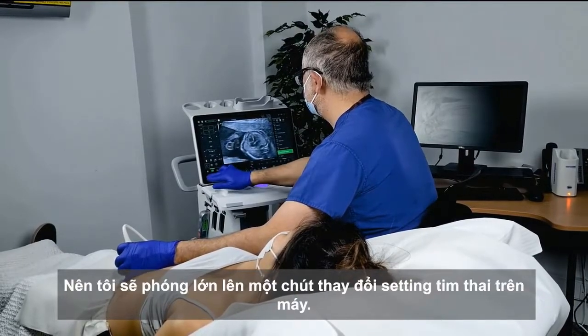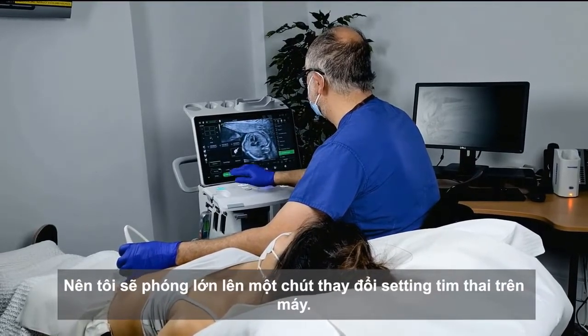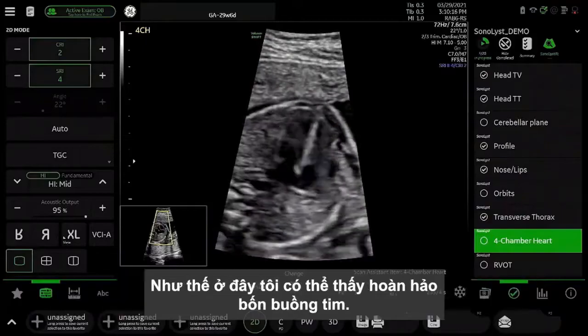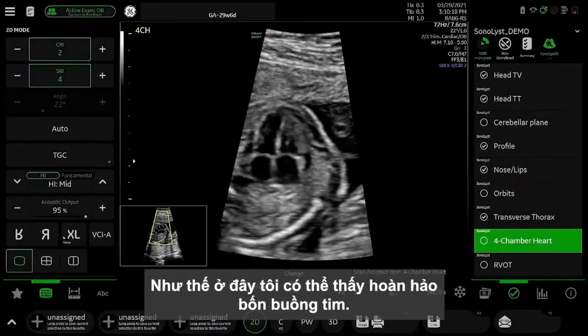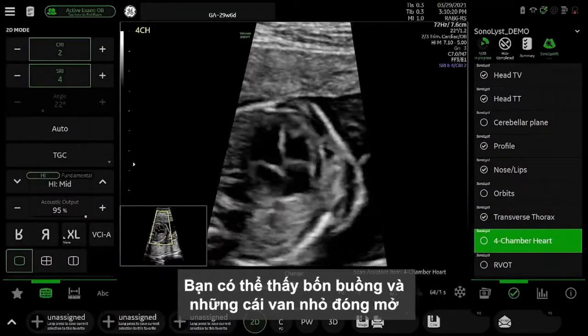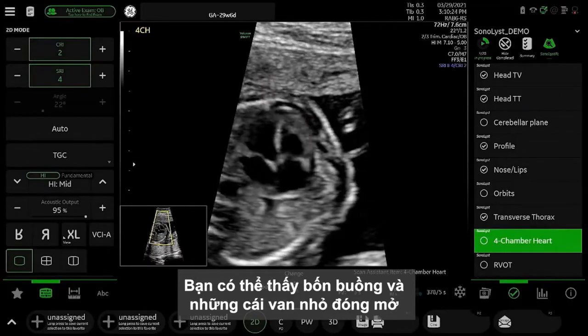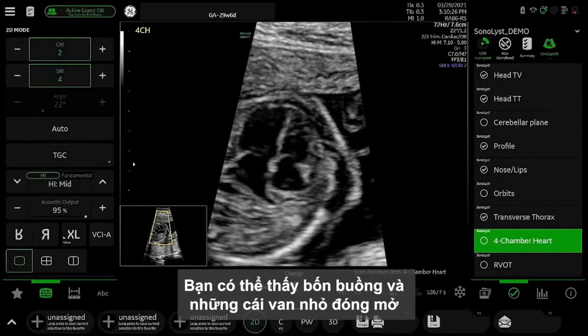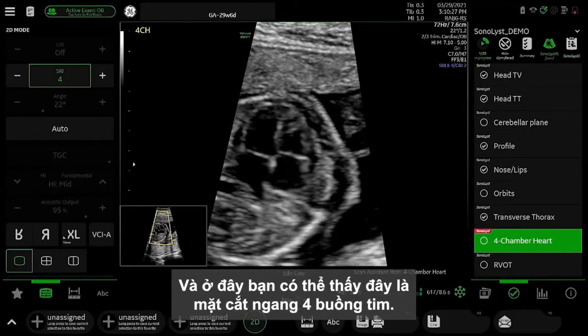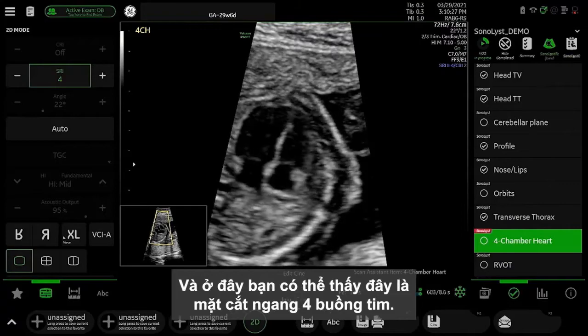Let me see if I have a preset on the cardiac. So here you can see very beautifully the four chambers of the heart. Can you see the four chambers and little valves there opening and closing? So here you can see that this is the four-chamber view.